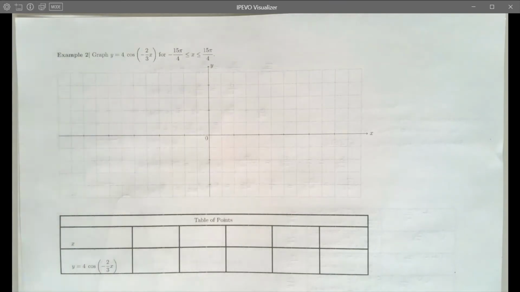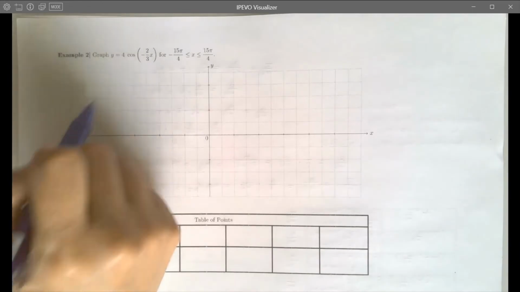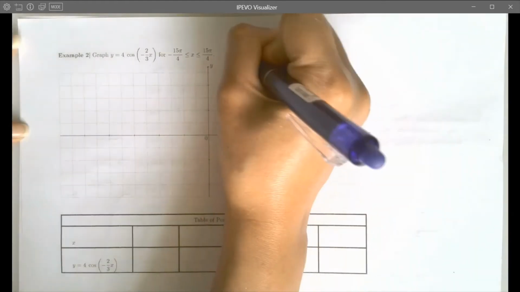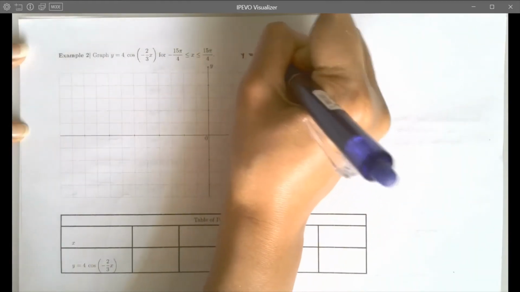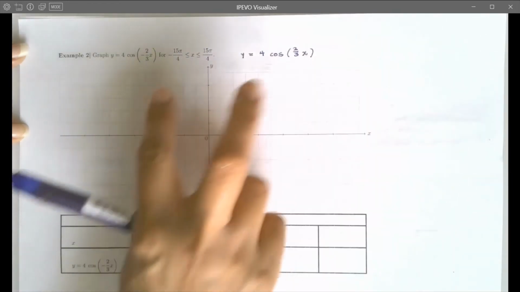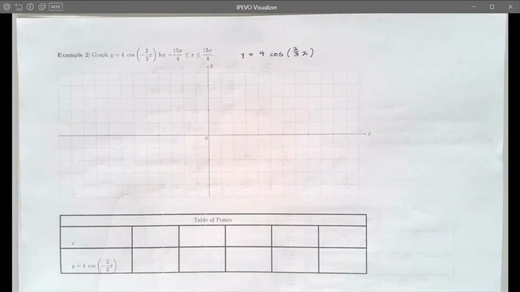And in order to get rid of that negative, we're going to use the symmetry of cosine. Because cosine is even, that means that this negative can be absorbed, or in other words, we can just ignore it and say that y is equal to 4 times cosine of 2/3 x, because these two are going to be equivalent.